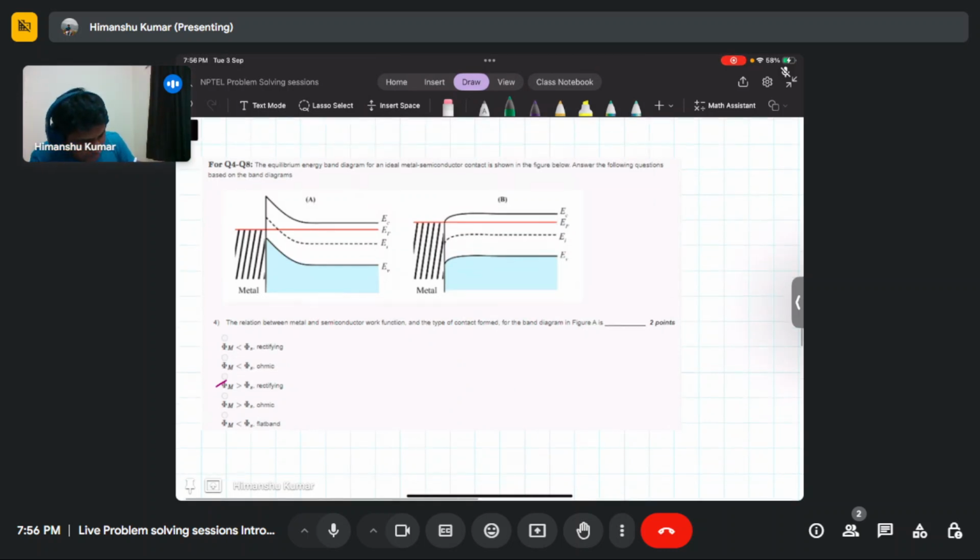The equilibrium energy band diagram for an ideal metal-semiconductor contact is shown in the figure below. Answer the following question based on the band diagram.